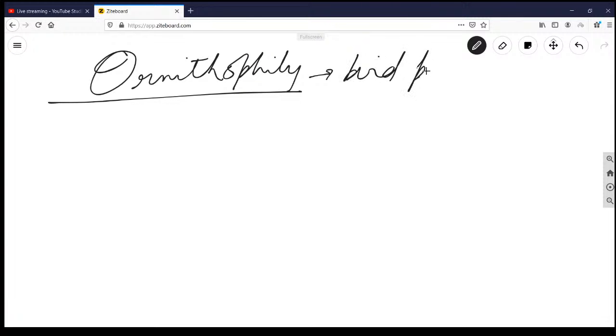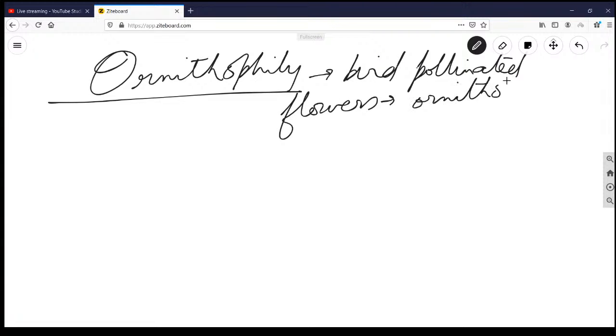Now they differ in a number of respects from the entomophilous flowers. Both come under the category of zoophily, but the flowers are generally scentless here.